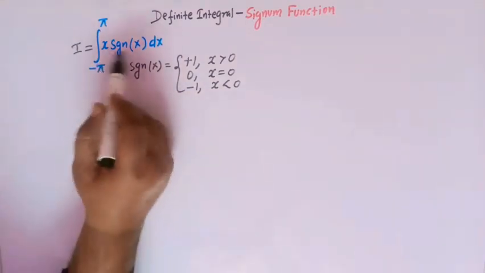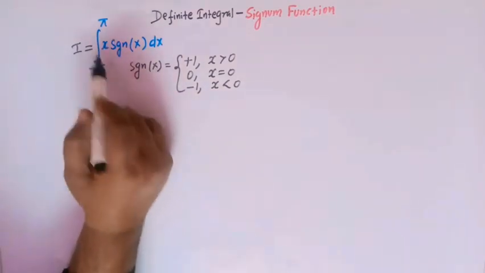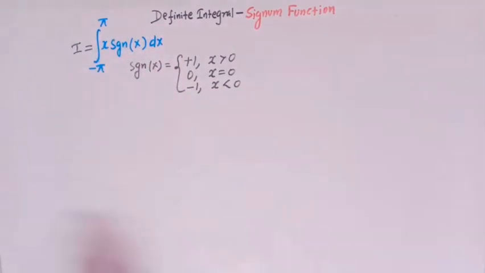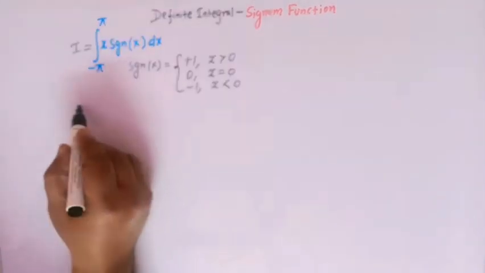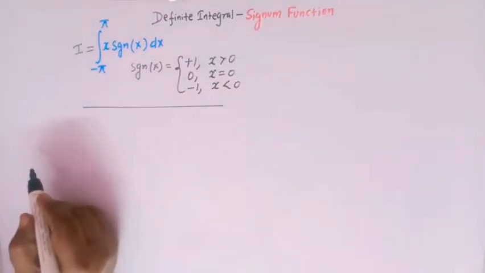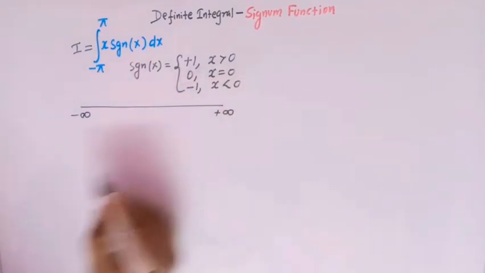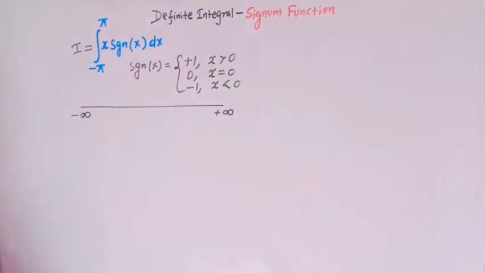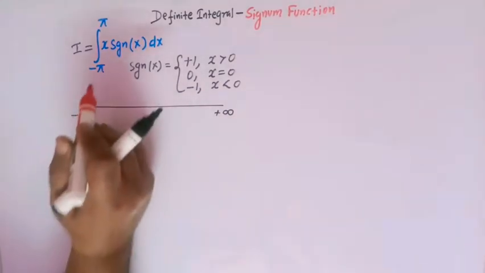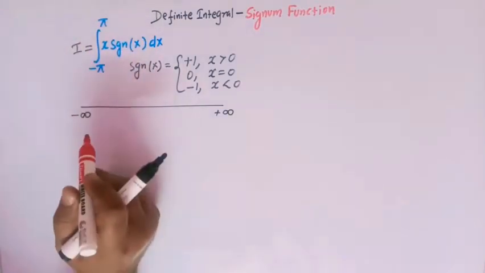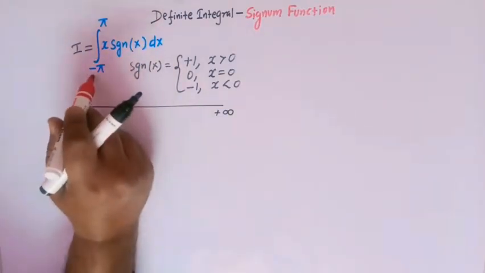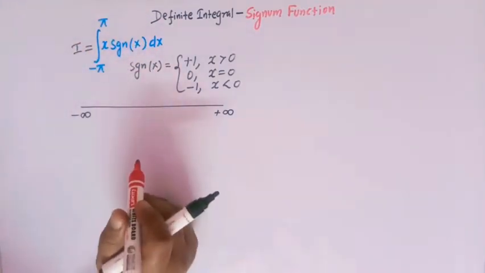Now we have to evaluate this integral. So we'll take the real number line, and here we have minus infinity, here we have plus infinity, and we see that the lower limit and the upper limit are minus pi and pi respectively.